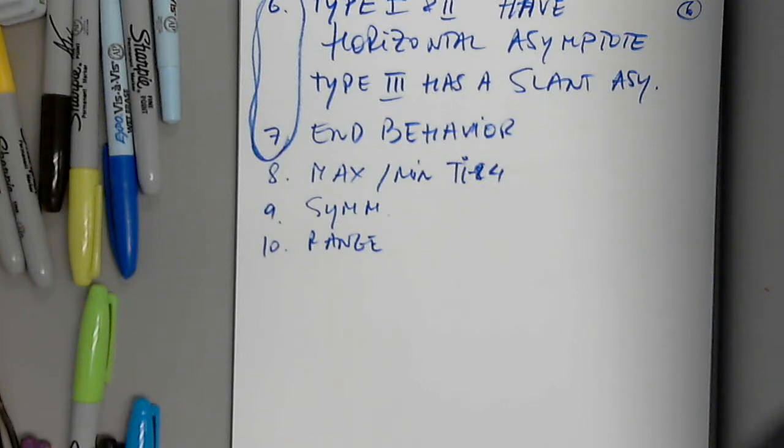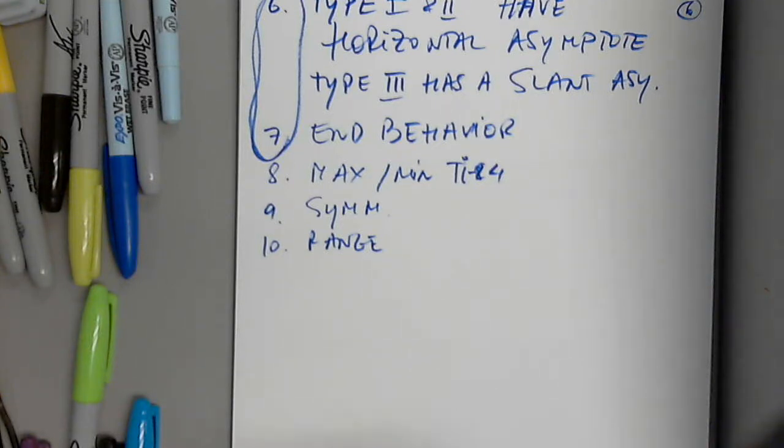And then the function behavior will be approaching, as it gets closer and closer to this number, x equals 5, the function values will go to infinity or negative infinity, not both, because it would not be a function. And on this side, the function values go to infinity or negative infinity, not both. This line is called a vertical asymptote.